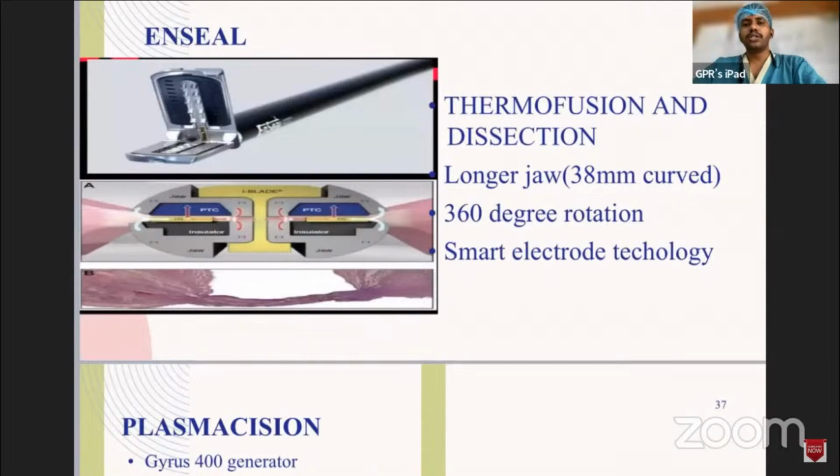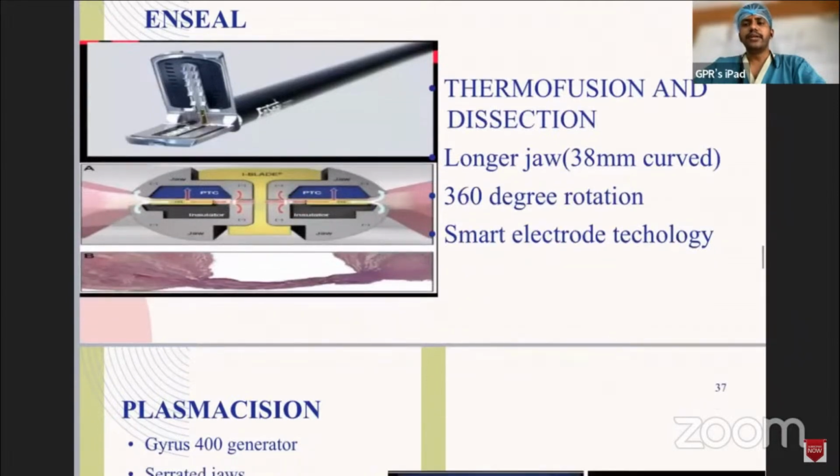Only one of the two jaws has the active energy dissipation, whereas the other functions as an insulator, using smart electrode technology. The vessel or tissue is held by the EnSeal, and the radio frequency current passes through and produces tissue transection and dissipation.